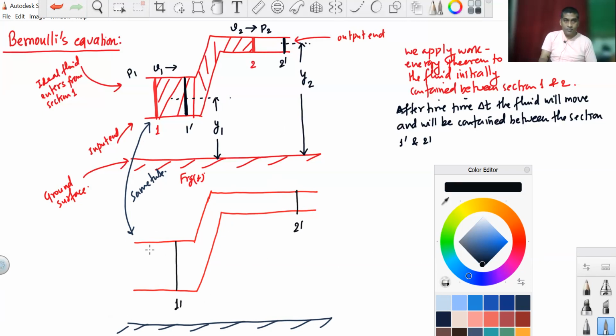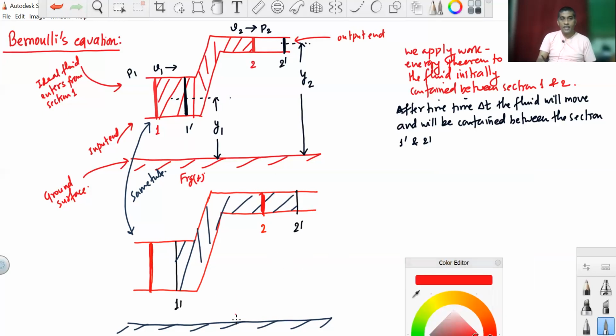Initially the fluid was contained between the section 1 and 2. So this is figure 2.